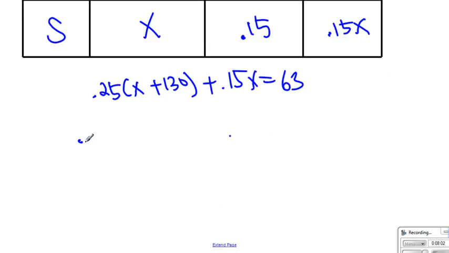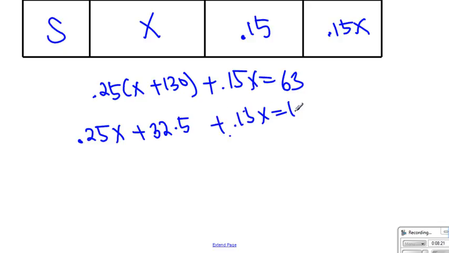So how are we going to calculate this one? We will end up getting 0.25x plus 0.25 times 130. I believe it becomes 32.5 plus 0.15x equals 63.